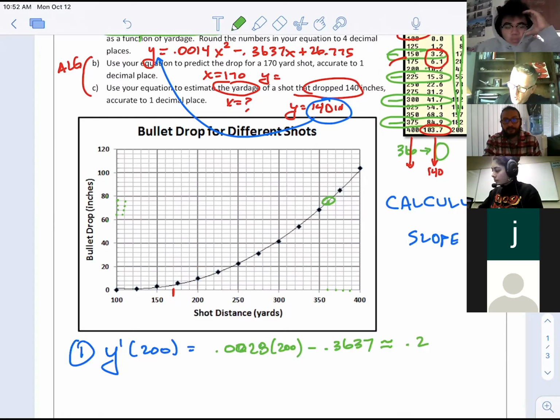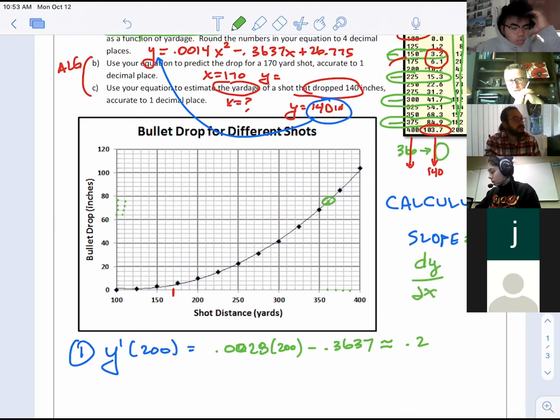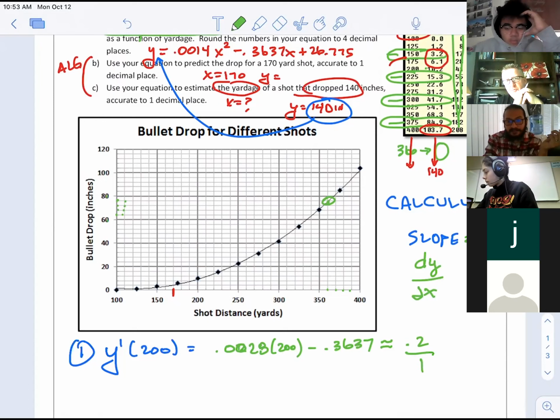Well, remember slope is change of y over change of x, right? It's a fraction. 0.2 is a fraction. Now you could think of it as 2/10 or 1/5, or you could just put it over 1. But you've got to make a fraction out of it in order to make any sense of this, for one. And then the second thing is you've got to get the units back involved.